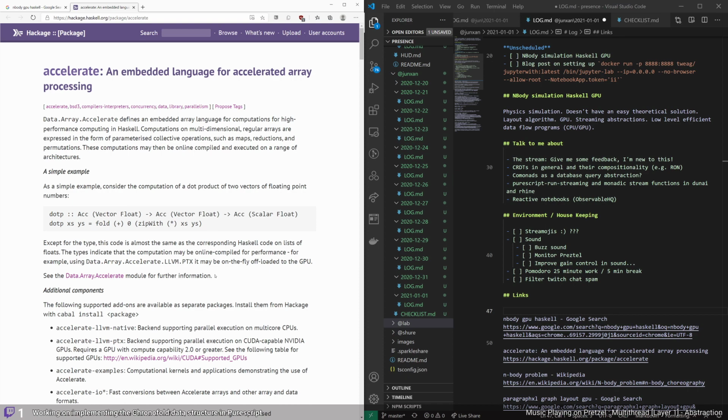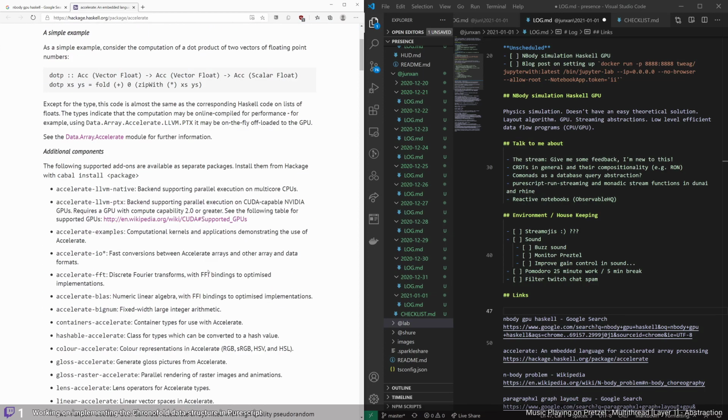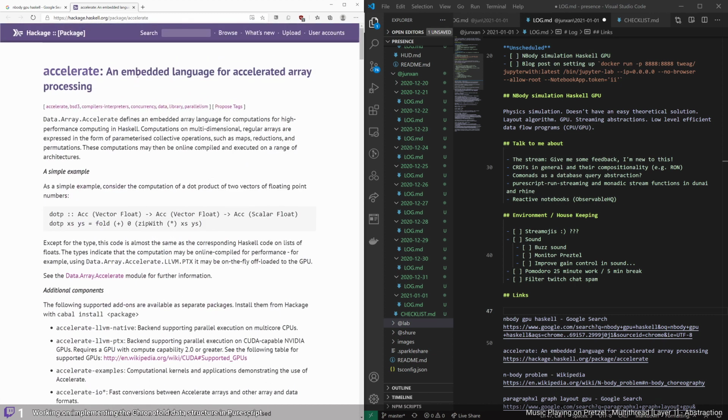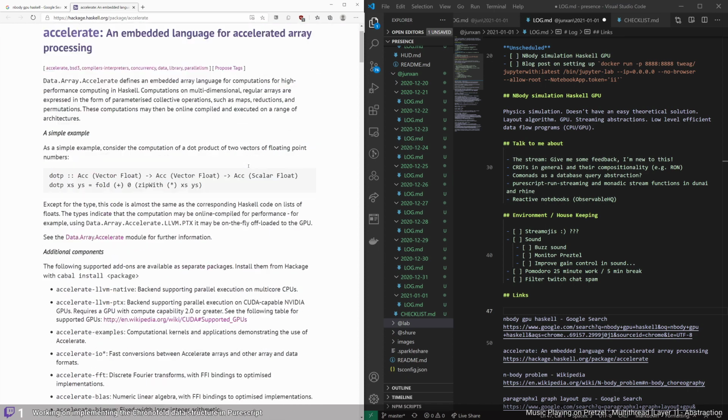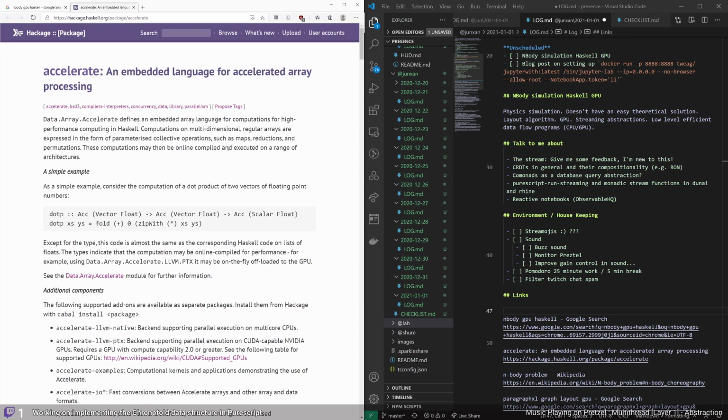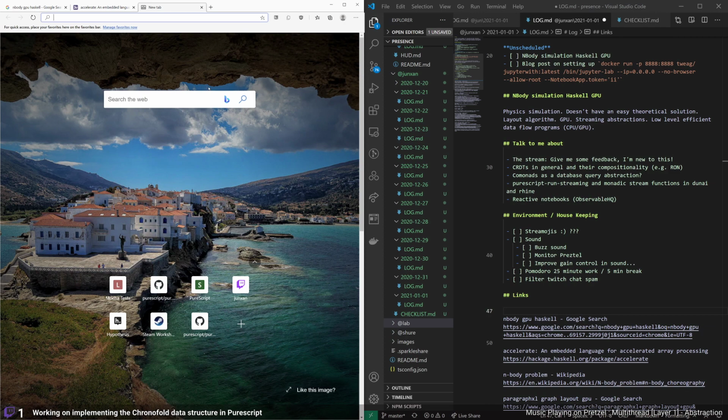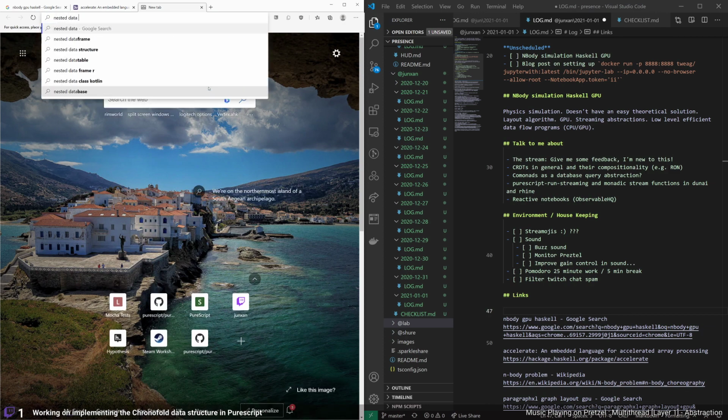So not necessarily the bleeding edge in terms of APIs, though maybe, but I've watched some talks from the developers of this. Actually, I think also Simon Peyton Jones has a talk on nested data parallelism.